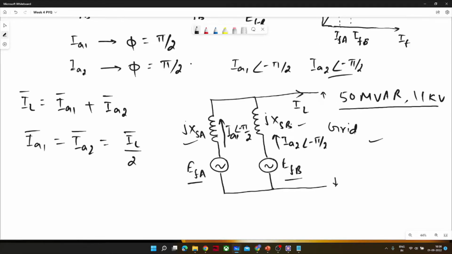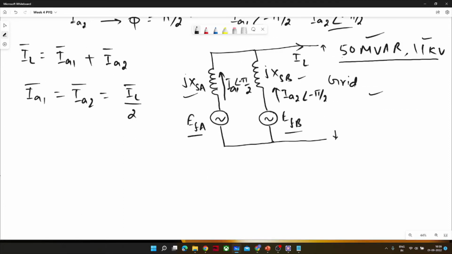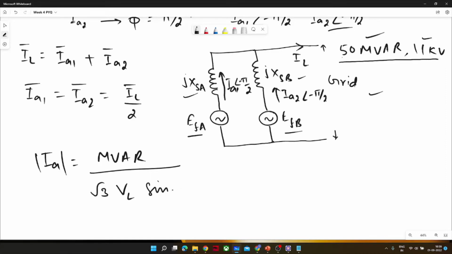And if any question in synchronous motor is given with either apparent power, real power, reactive power, it doesn't matter. You can calculate the armature current. So that is true for any problem. The apparent power or reactive power is given, voltage is given. We can calculate current by the formula IA is equal to MVAR, if it is given, divided by root 3 VL sine phi, right?